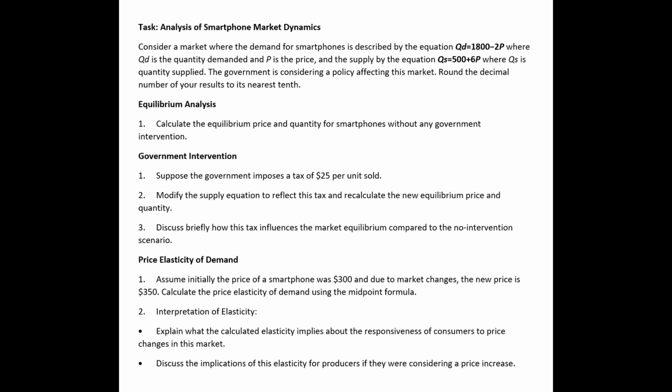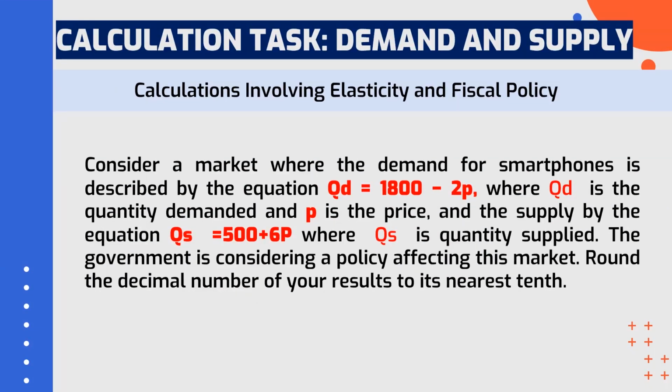You have to calculate the equilibrium price and quantity for smartphones without any government intervention. So let's start from this. The basic idea of this task is to analyze the impact of the government who is thinking about implementing a specific policy to affect this market.